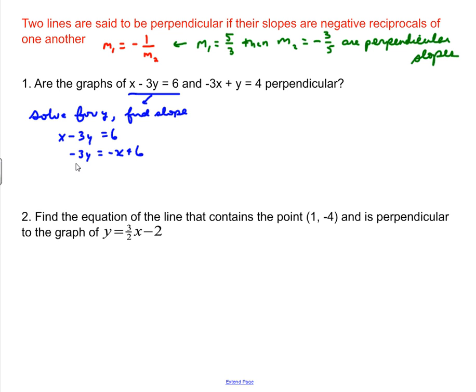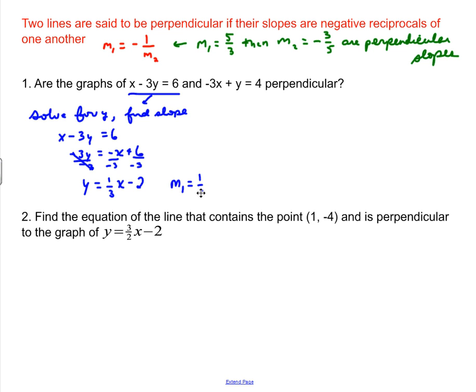And then, of course, we have to divide every term by negative 3. What do we find? Well, we find that y is equal to positive 1/3 x minus 2. Right? So our slope in case number 1 is 1/3.